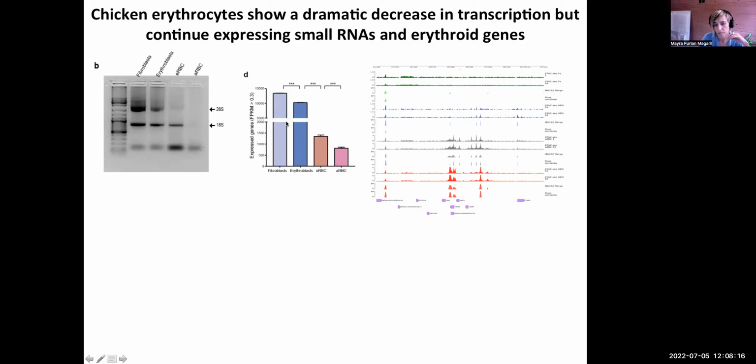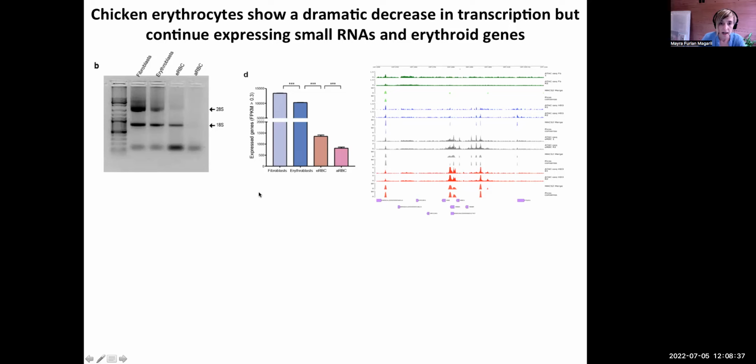So we saw that there are thousands of genes still expressed in the red blood cells. And here I'm just showing you an example of some of the genes that are still expressed, like the globin genes here, very robustly in both embryonic and adult red blood cells.